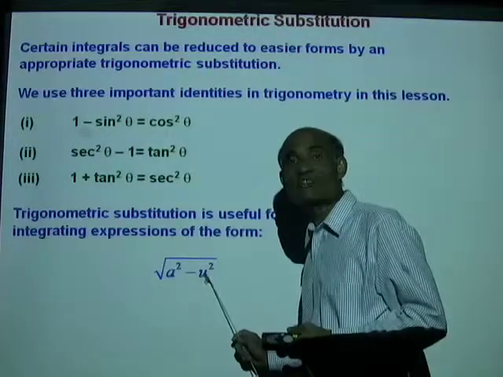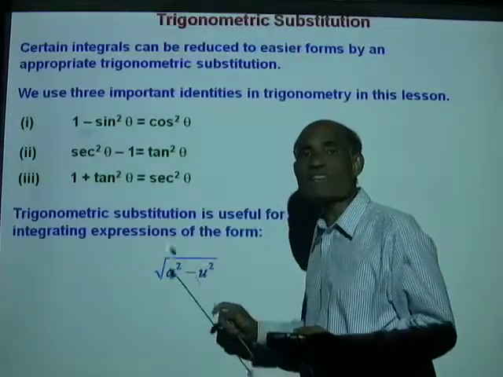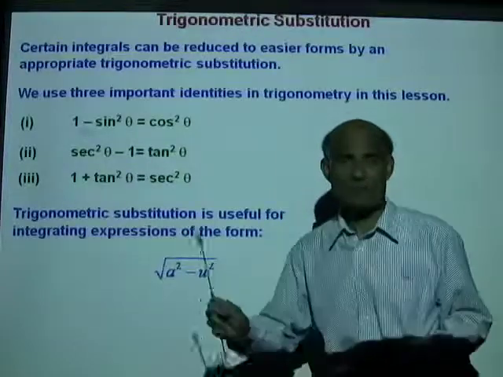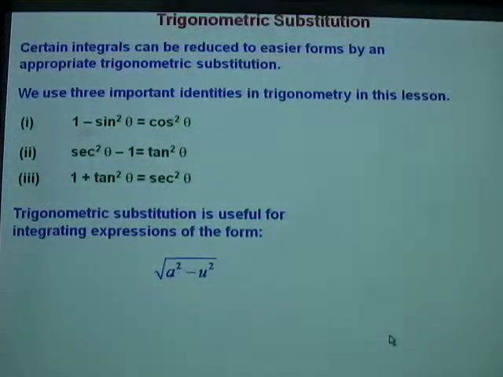Let us say u equal to a sine theta. I'm going to write that down for you. Let's make a substitution like u equal to a sine theta. Why did I decide to do that? You have u equal to a sine theta.